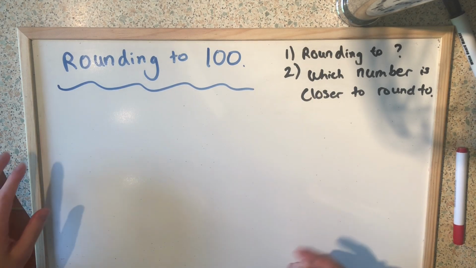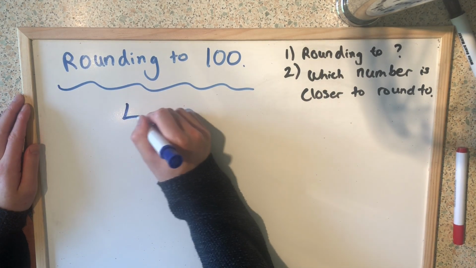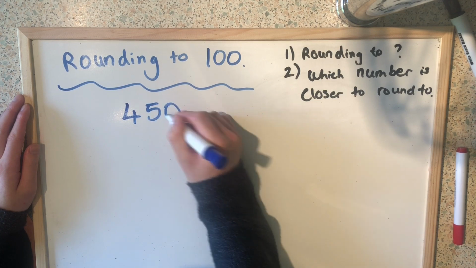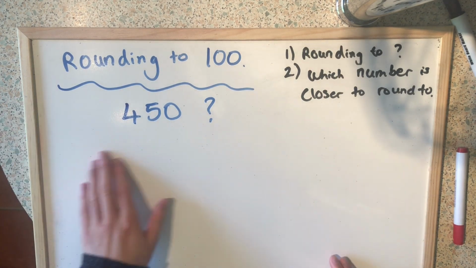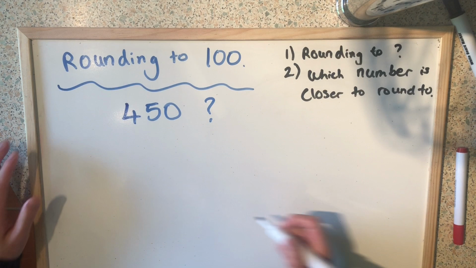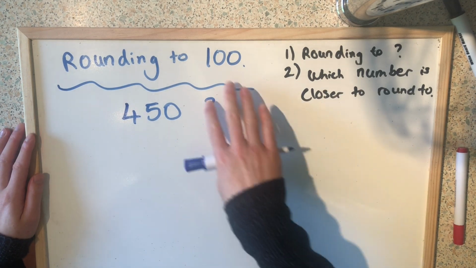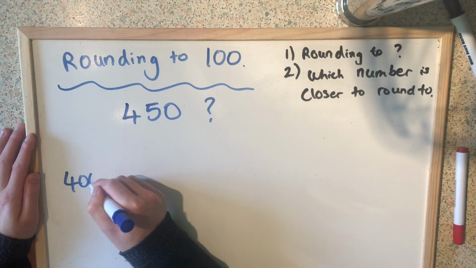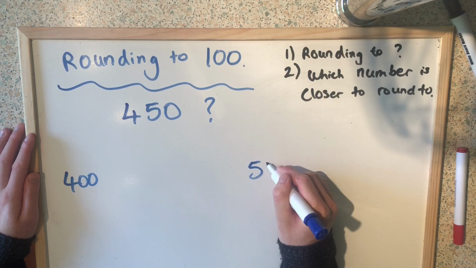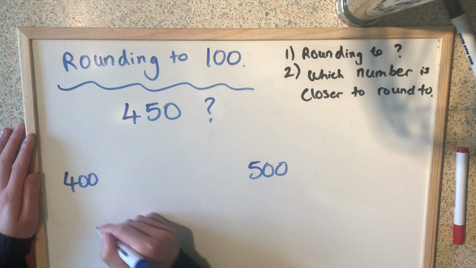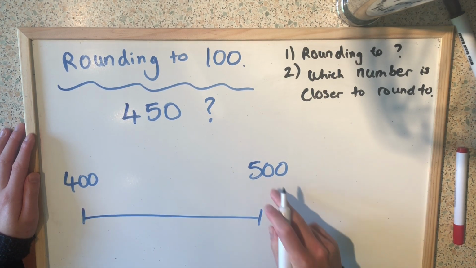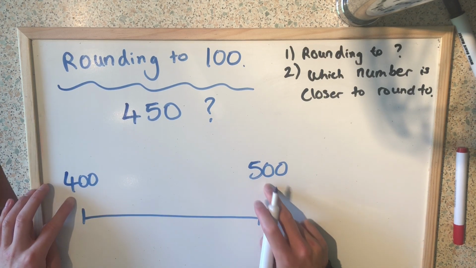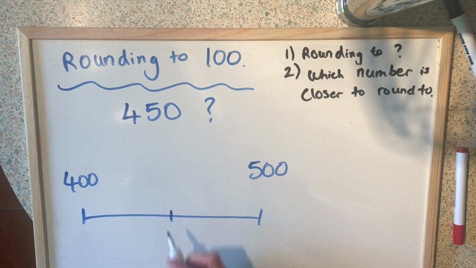The question is, what happens if we have something like 450? Because surely you must be thinking, well, the lower 100 must be 400. The high number must be 500. So on the number line, that's 500 there, that's 400 here. 450 is about there.